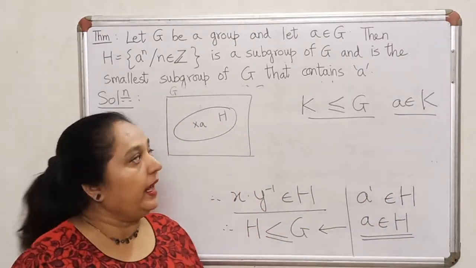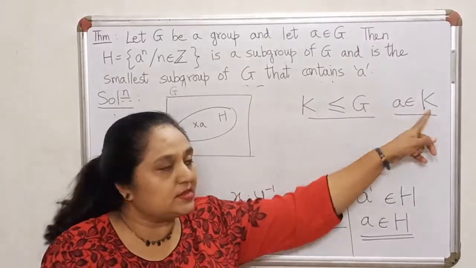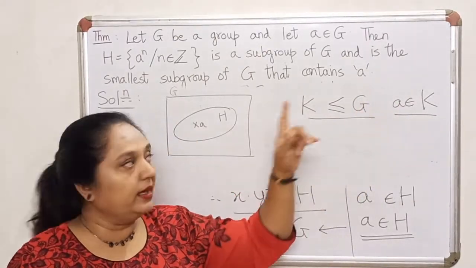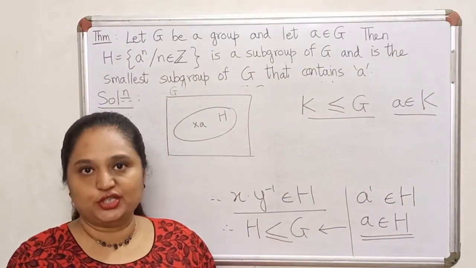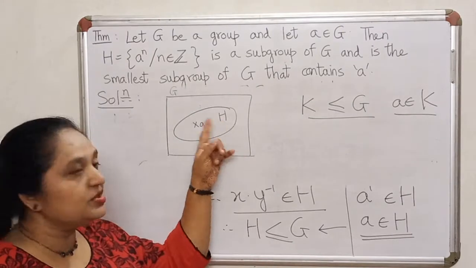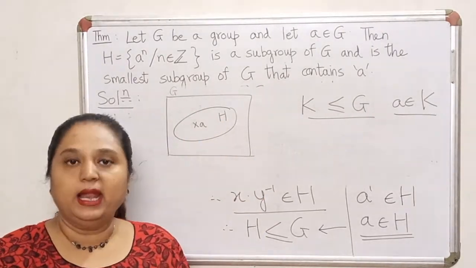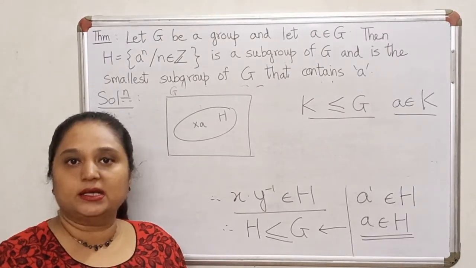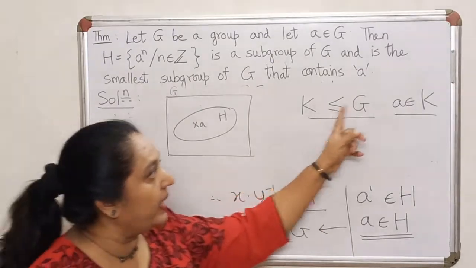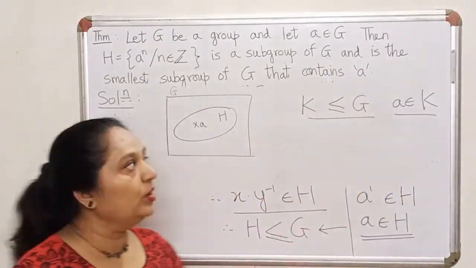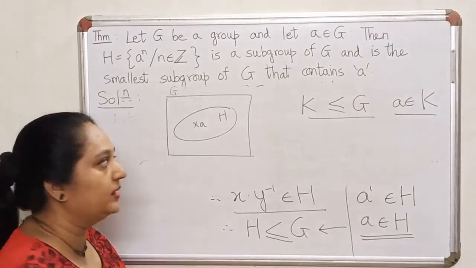So if I take any other subgroup of G which also contains the element A, then H has to be smaller than K. This is what I wish to prove. So H is one subgroup of G which contains the element A. Likewise, there may be other subgroups which contain A, but if I take any other such subgroup, I would like to prove that it is bigger than H, or H is smaller than K.